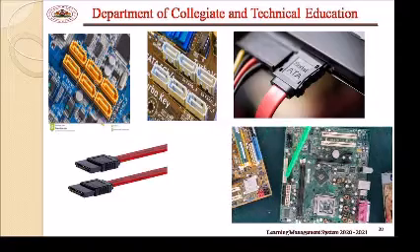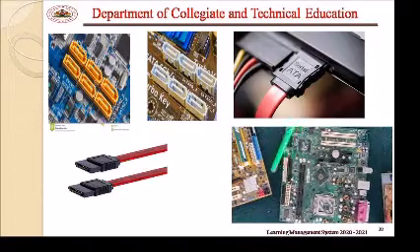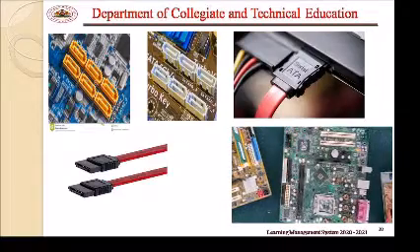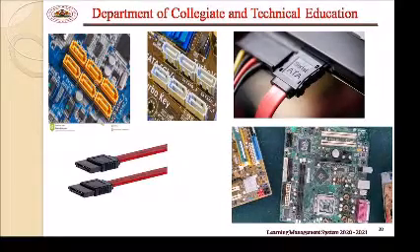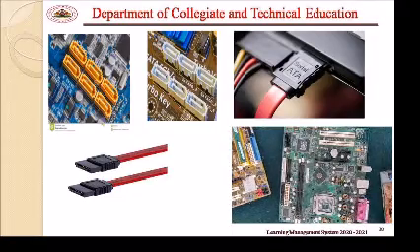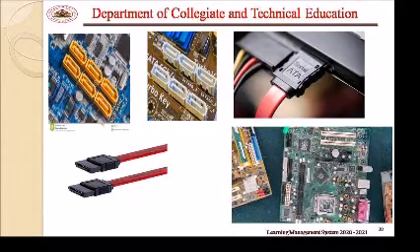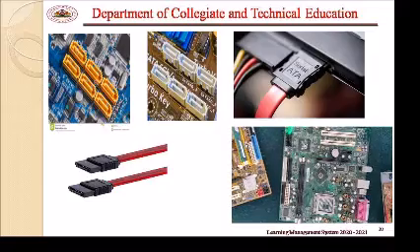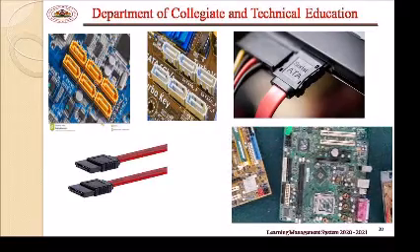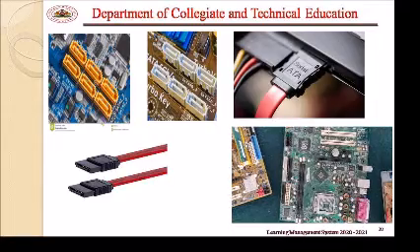Then the IDE connector connects the motherboard to disk drives, hard drives and DVD-ROM, and this is taken over by the SATA connector, serial advanced technology attachment connector. These are 4 in number, and usually used to connect hard disk, DVD-ROM and optical drives to the motherboard.